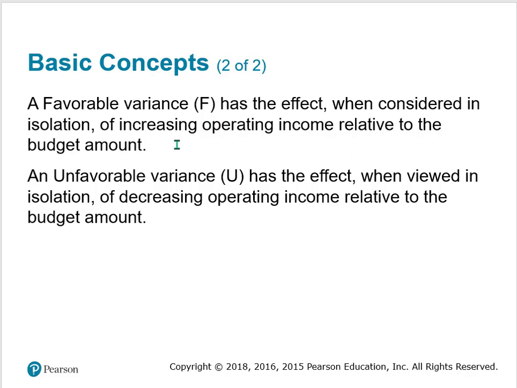So you can't just subtract numbers and say if it's positive it's good, or if it's negative it's bad, because revenues and costs are treated in the exact opposite way. For revenue items, U means actual revenues were less than budgeted revenues, so that would be unfavorable. And for cost items, U means that actual costs exceed budgeted costs, and that would also be unfavorable.